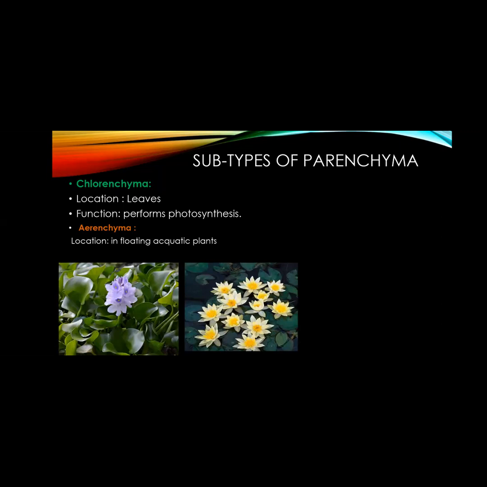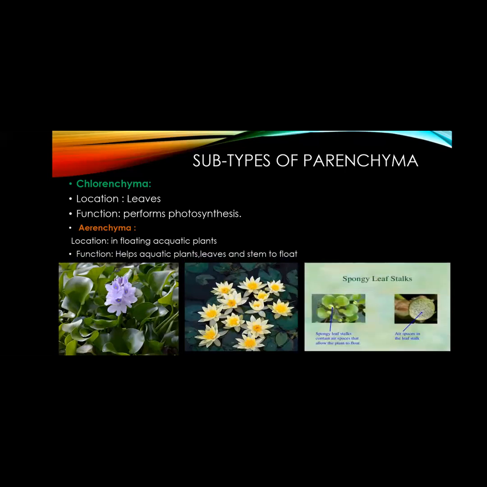In such plants, the parenchyma has air spaces, or the cells store air so that it can help the plant in floating by providing buoyancy. So, the function of aerenchyma is to help aquatic plants, leaves, and stems to float on the water. Now, in which plants do we see this? See, Chlorenchyma, so we observe in all the plants.